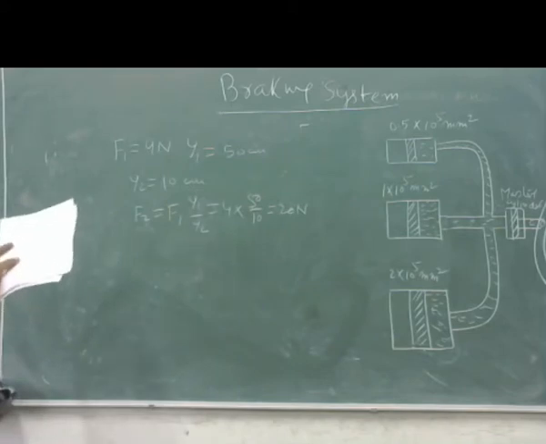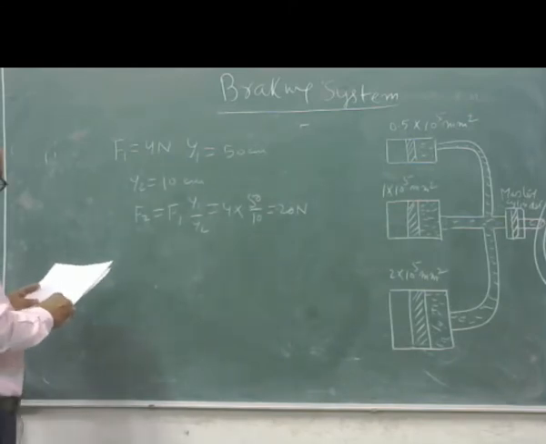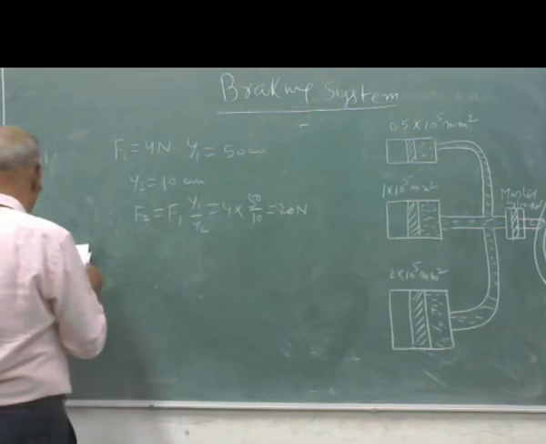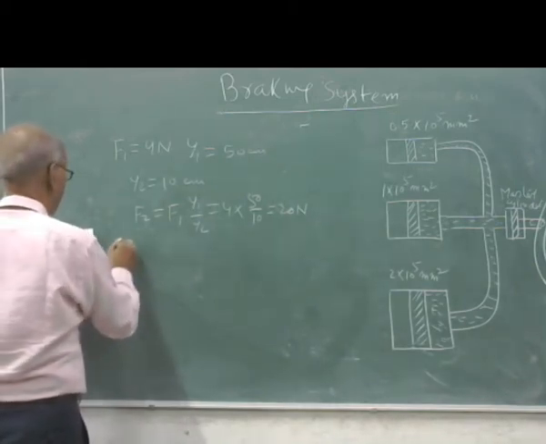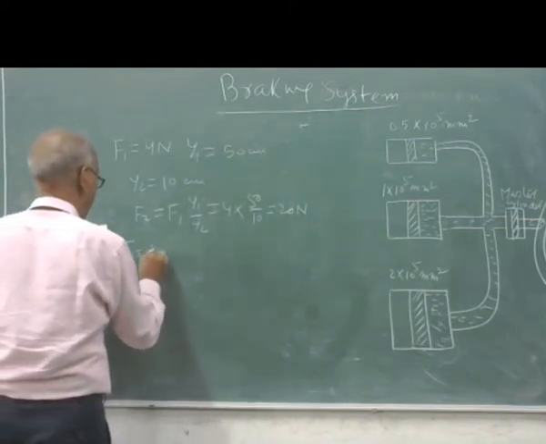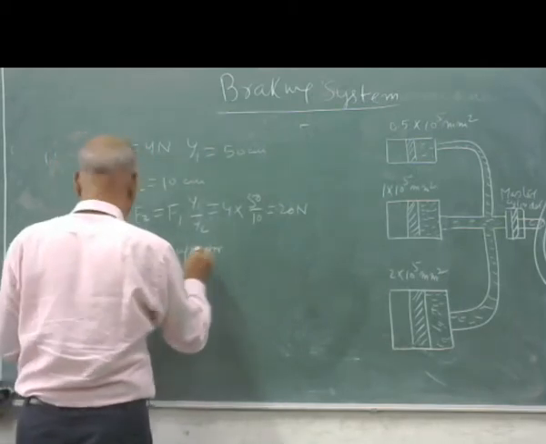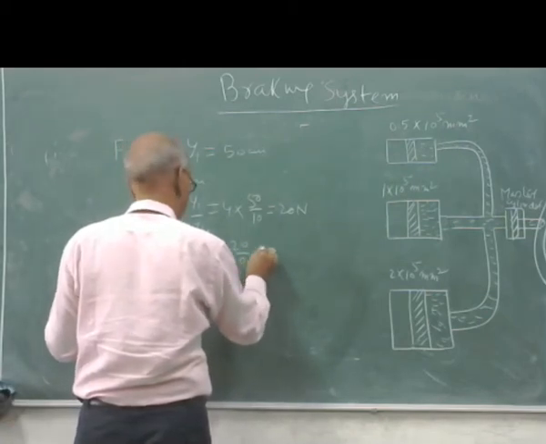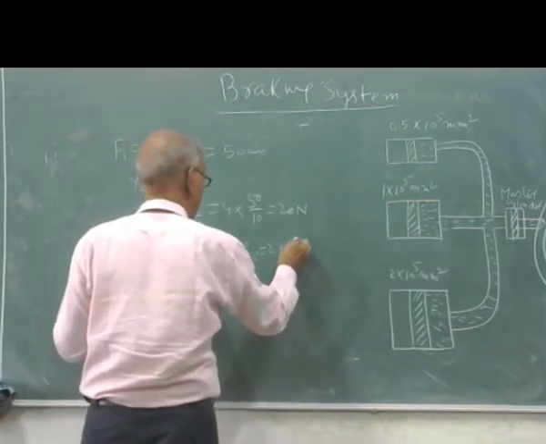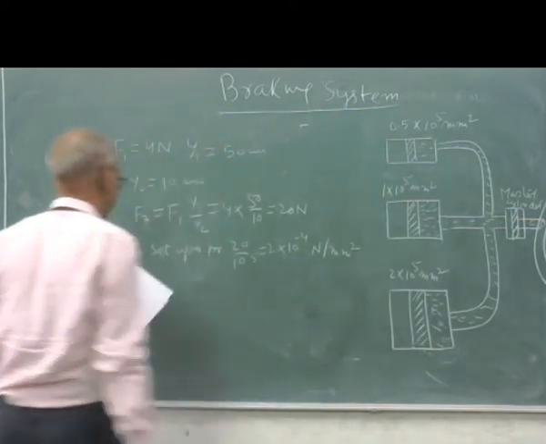Okay, that was on the first cylinder. F1 was your 4 Newton force. Then this is the set up pressure, 20 upon 10 to the power 5, that is equal to 2 into 10 to the power minus 4 Newton per mm square. Okay.